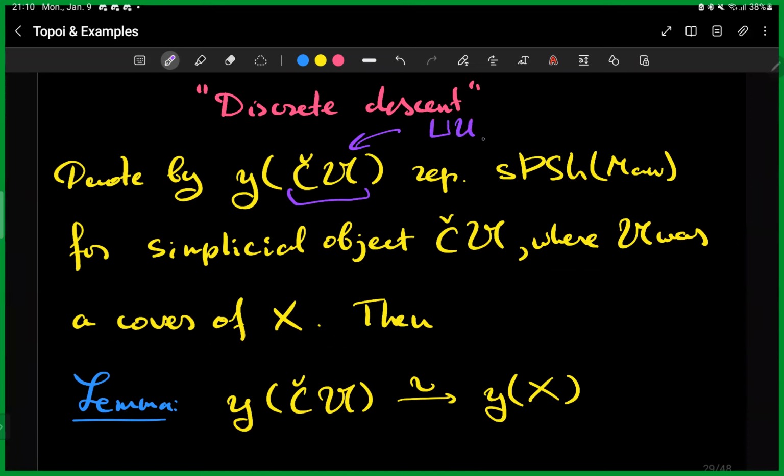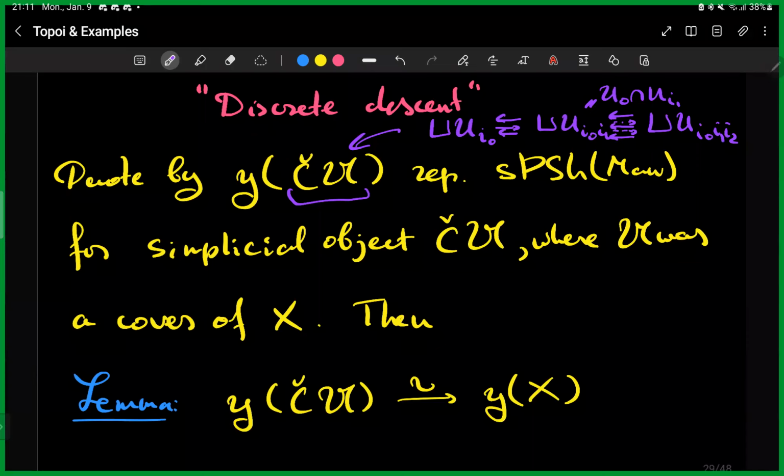So we have U_{A0}, which maps into U_{A0 A1}. So that's just the intersection, which is then mapped into the triple intersection, and so on.